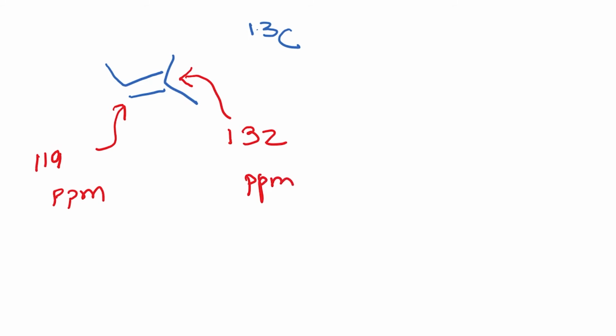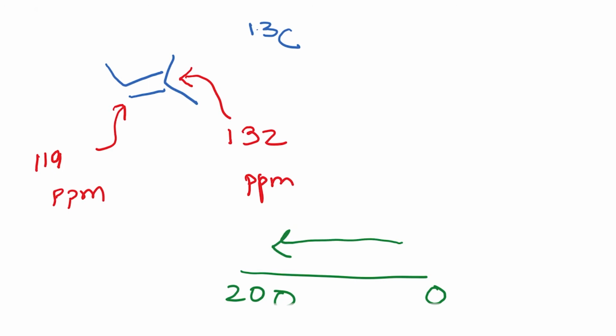Just to put this data in perspective, normally if I take a functional group and keep adding electron withdrawing groups, the electron cloud around the nucleus goes down. Let's say I take the values of 0 to 200. The more electron deficient it is, the higher the ppm values.